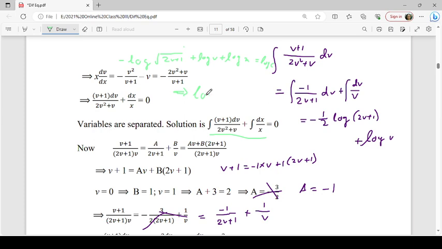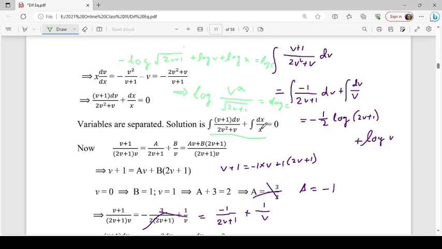So our left-hand side after simplification is vx by root over (2v plus 1), and the right-hand side is c.